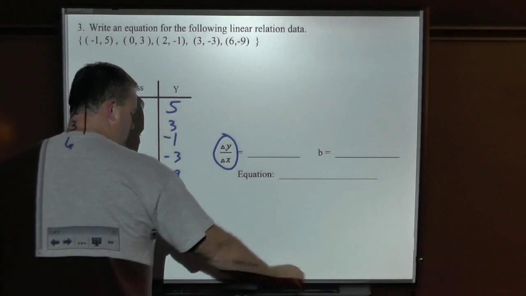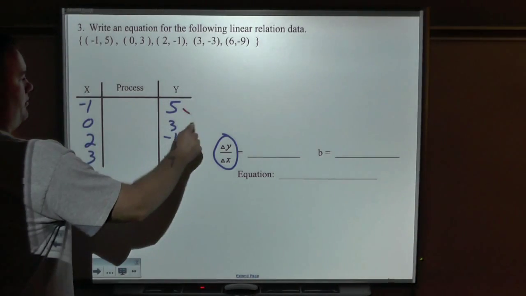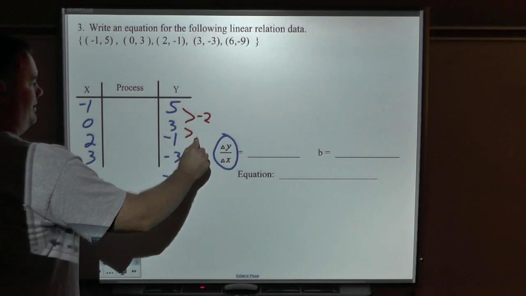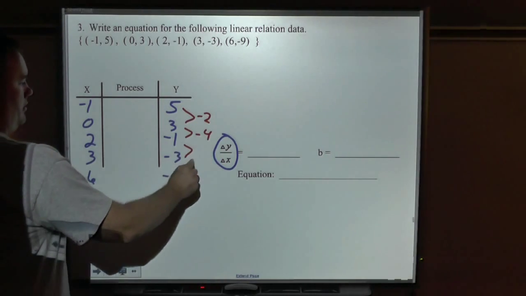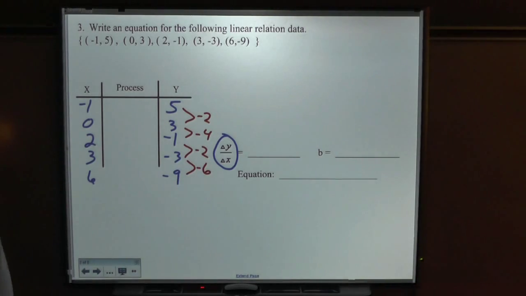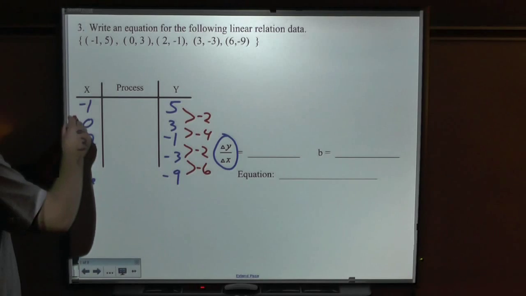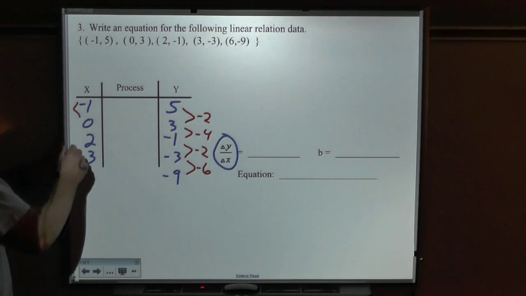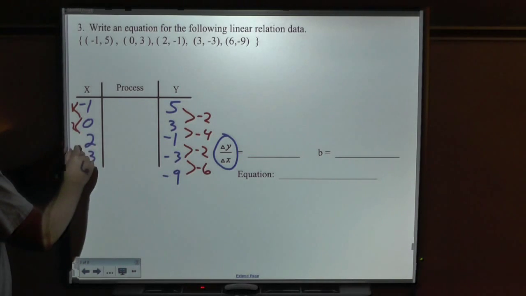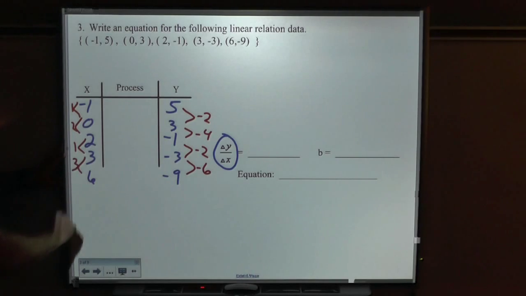When writing this point, changing y. 5 to 3 is -2, -3 to -1 is -4, -2, -6, so on and so forth. You can go through these. So, next, how do you get from -1 to 0? 1, 0 to 2, 2, 2 to 3, 1, 3 to 6, 3.